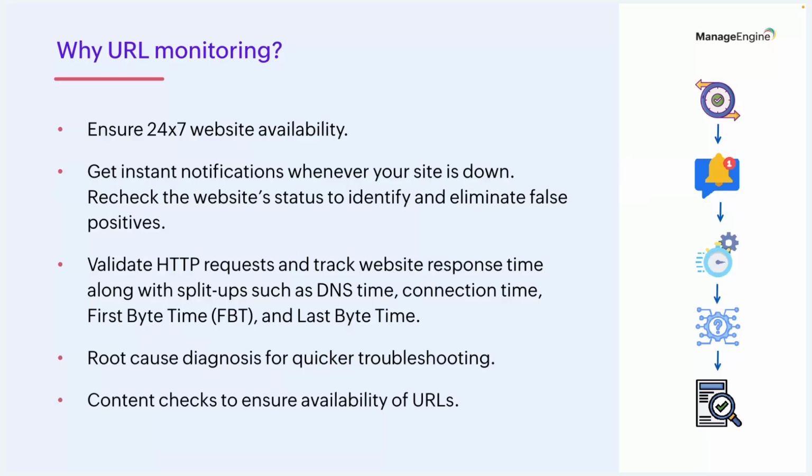If there is a performance anomaly that the tool has noticed, you can recheck the website status to identify and eliminate false positives. You can also validate the HTTP requests and track website response time along with the split ups such as DNS time, connection time, first byte time, and last byte time.